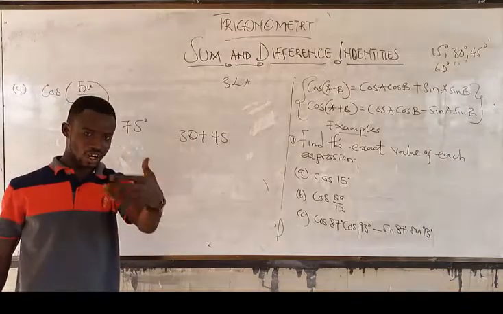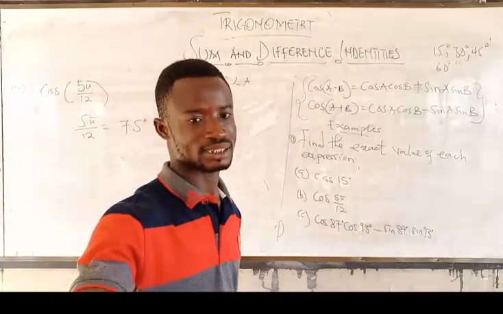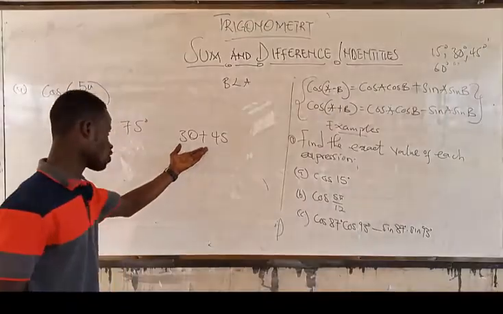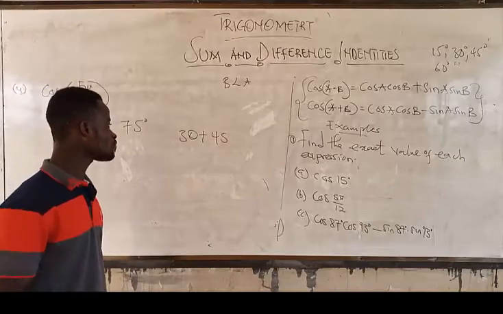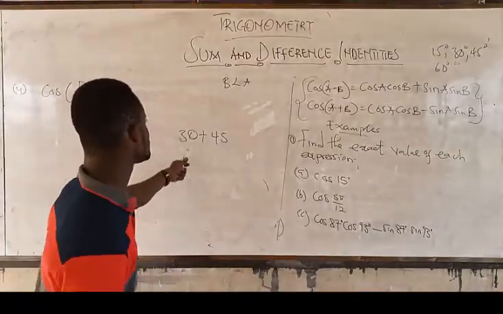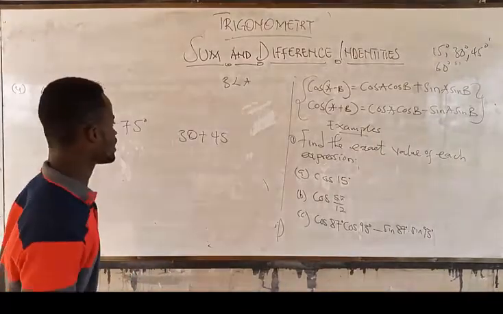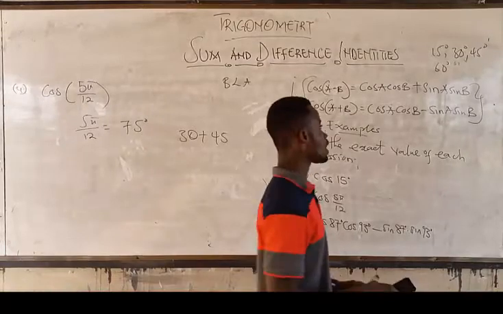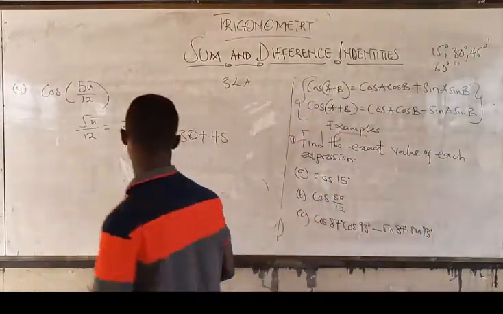You can have another alternative way that gives you 75, but for me, I'm going to use 30 and 45, or 45 plus 30, the same thing. As I said, the two angles you take should be coming from this list. If it's not, you are wrong.